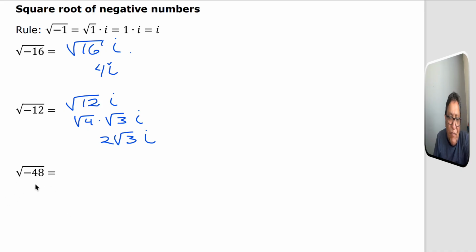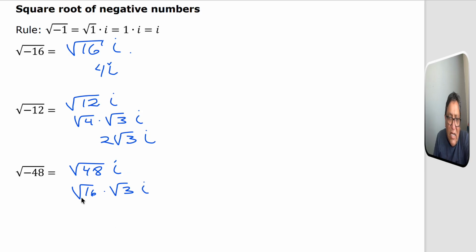Likewise, when we have a square root of negative 48, this negative has to come outside, so this will be the same as a square root of 48 times i. Okay? Remember that we can simplify 48 as a square root of 16 times a square root of 3 times i.